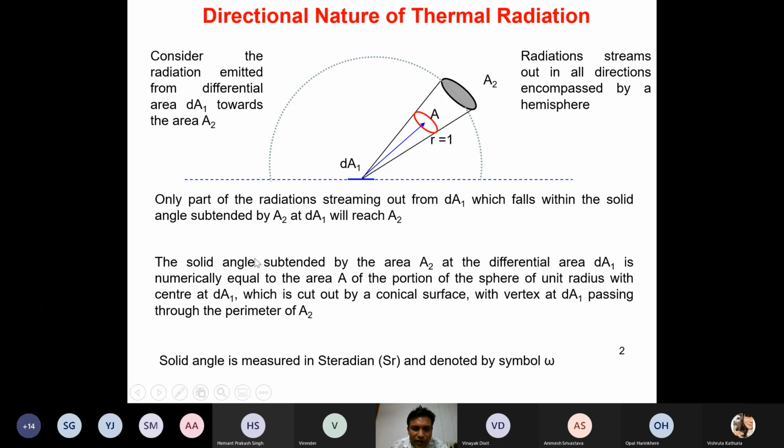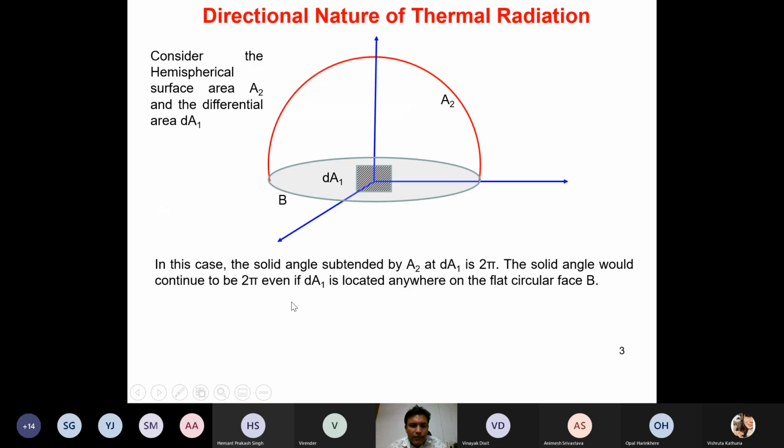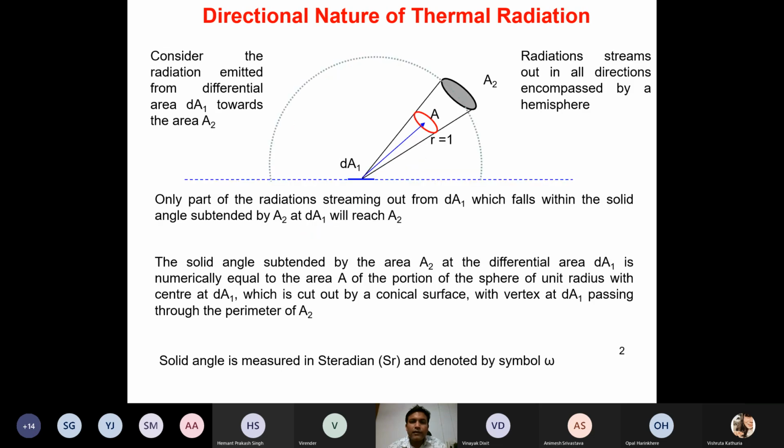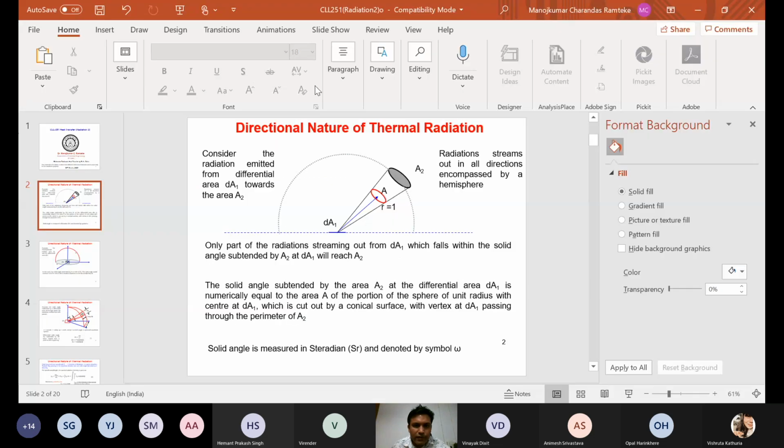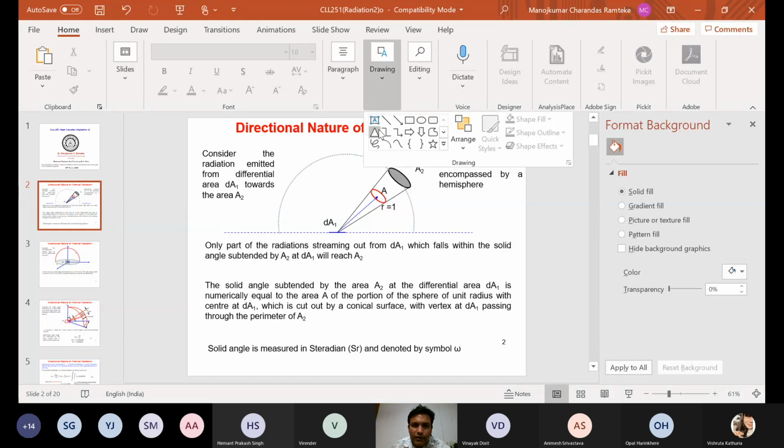Just wait. The definition we are saying: the solid angle subtended by area A2 at DA1 is numerically equal to the area A of the portion of the sphere. So it is basically given in terms of the angle, which is nothing but this particular angle.